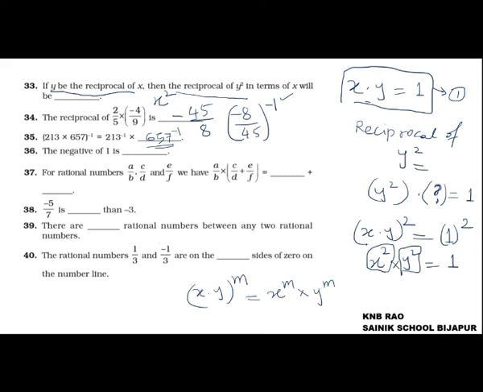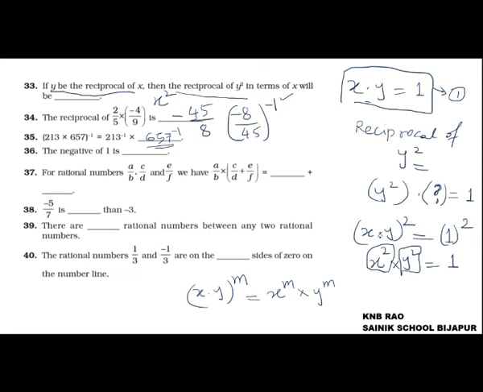Here also the same thing I used: x into y raised to some power, like say 2, is equal to x raised to the same power into y raised to the same power, because it is into. Is there any property like x plus y raised to the power 2 is equal to x square plus y square? No, it is not.